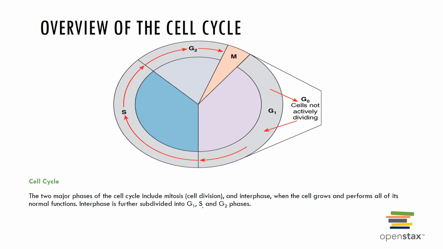So G1 is also called gap 1, and that's where vigorous growth and metabolism is occurring. S is a synthetic phase where DNA replication is occurring. And G2 is preparation for division.